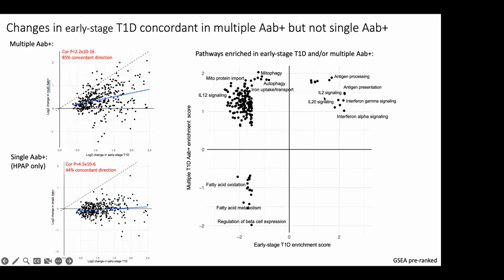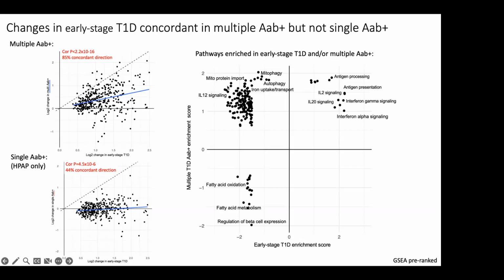If we look at the processes on the right that are changing in recent onset type 1 diabetes and multiple autoantibody positive individuals, we see some processes that are upregulated in both, so antigen processing, presentation, cytokine signaling, interferon signaling, and so forth. Some processes are downregulated in both, so regulation of beta cell function, some lipid metabolism for reasons I'm not quite clear on.